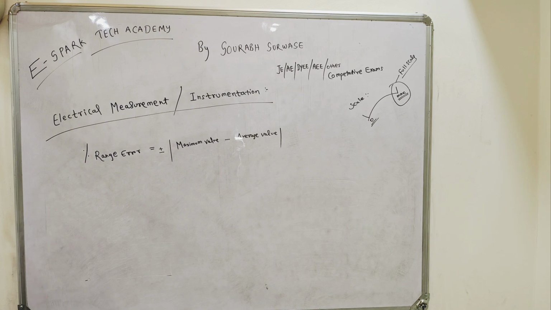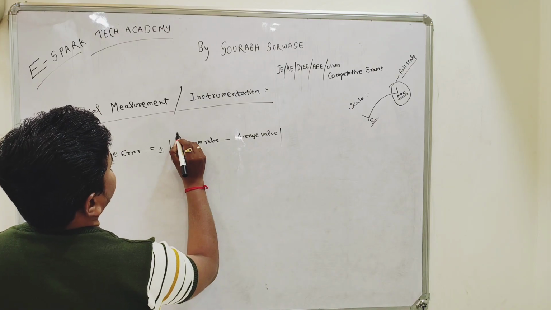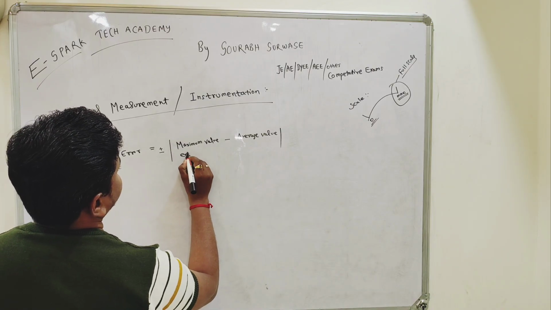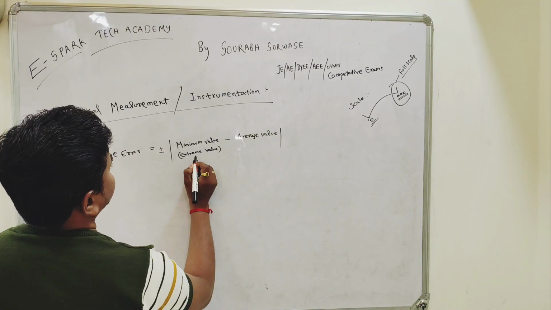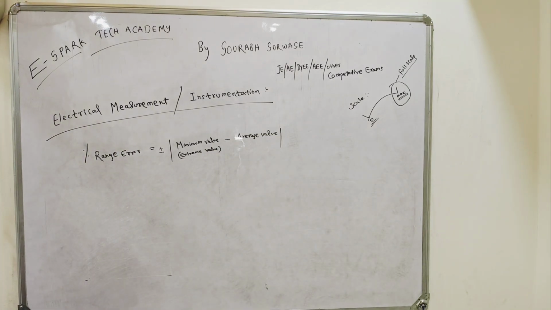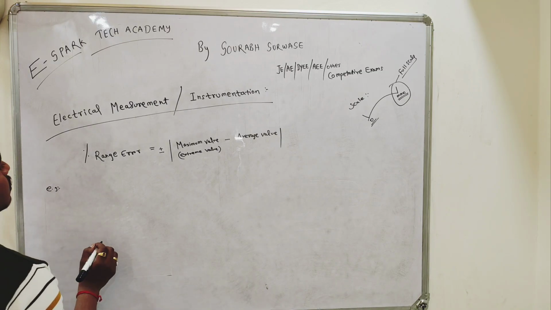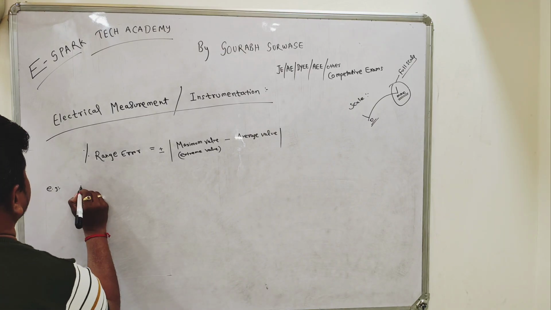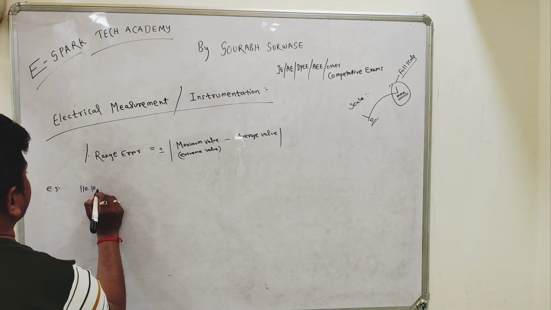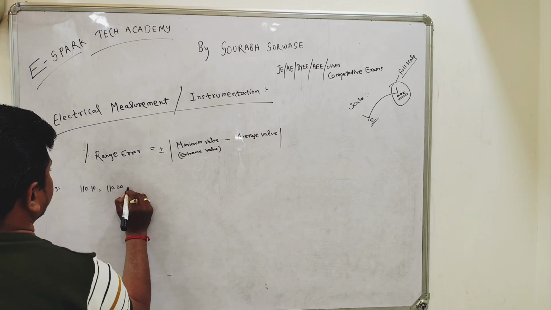Now in this case, what is given, please try to understand. Maximum value, you can also say maximum value as extreme value, because in many textbooks they have given extreme value. Now for example, the values are given as 1.20.